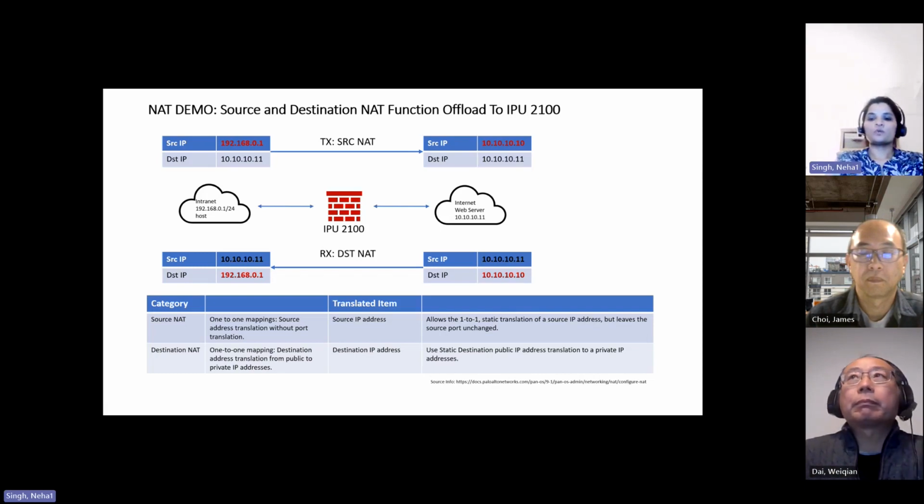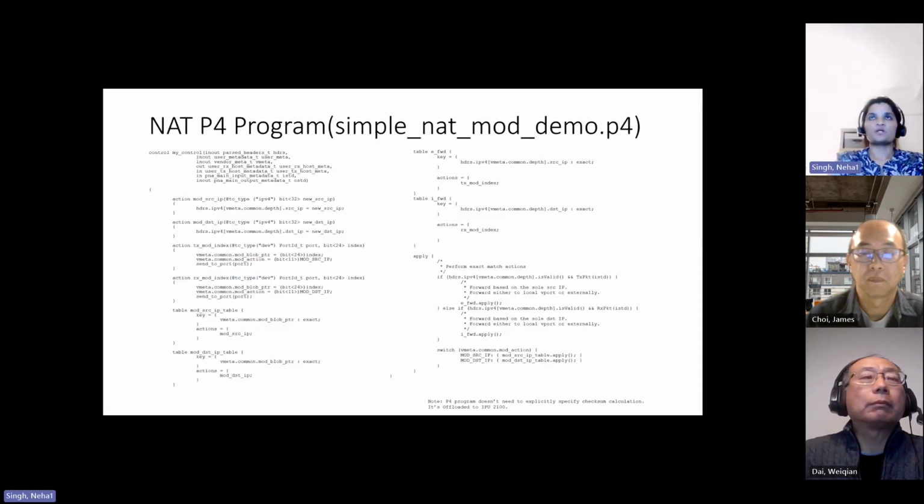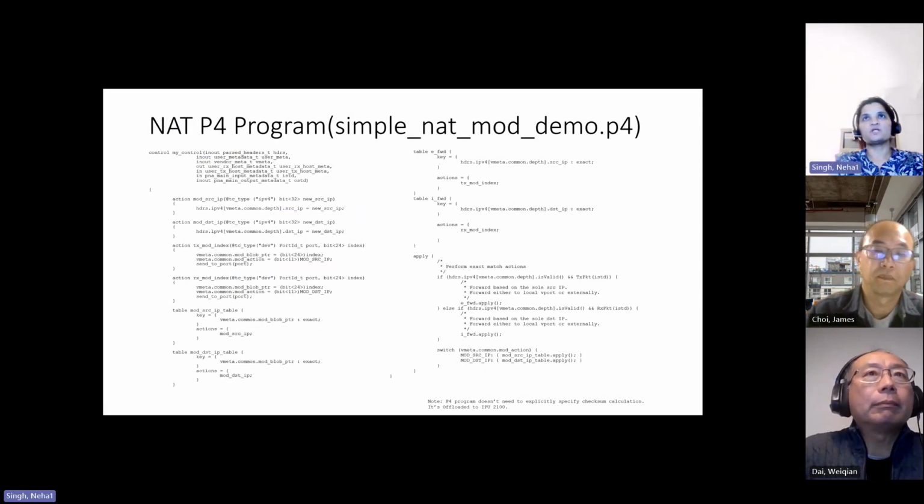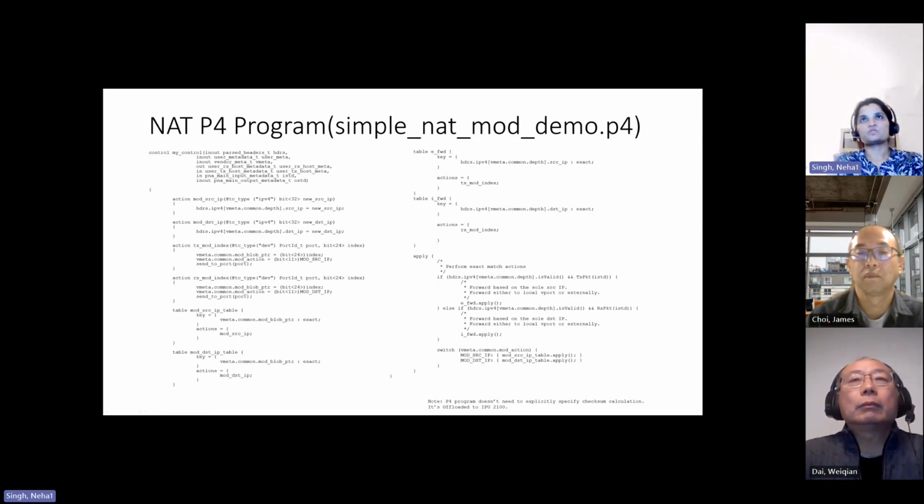I'm going to quickly skim over the P4 program. In this P4 program, we have the E forward table and the I forward table, egress and ingress. Both are quite identical, so I'll touch on one of them. In the E forward table, or egress table, we match on the source IP. We want to do an exact match on the source IP, and we perform an action called TX mod index.